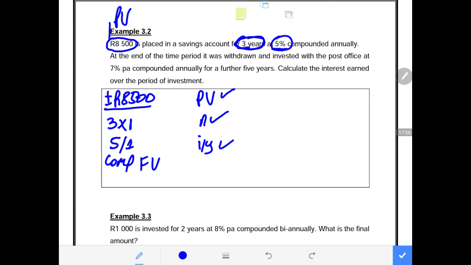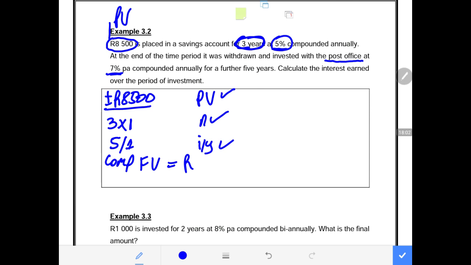So we will need to know the value of the investment at the end of these 3 compounding years, before the amount was reinvested with the post office at 7% per annum, compounded annually for another 5 years. So now we first need to know how much is the future value.